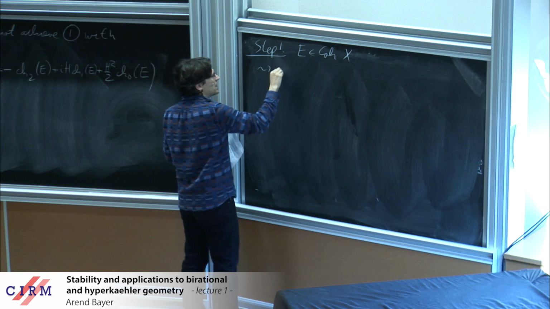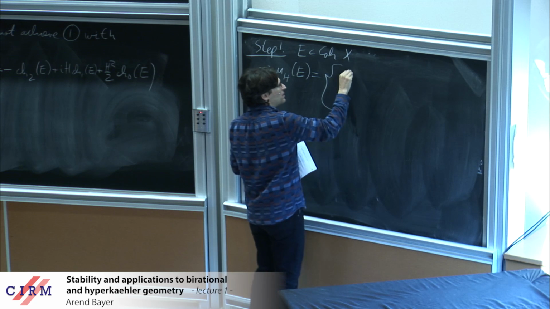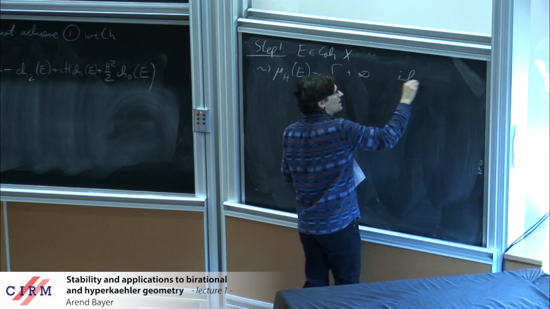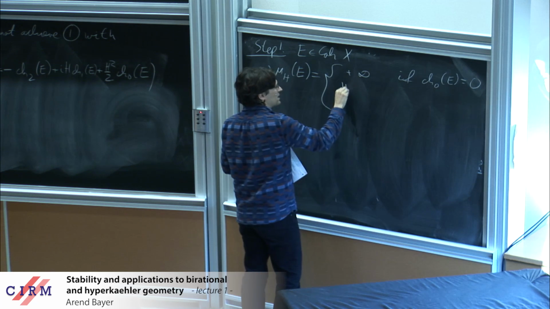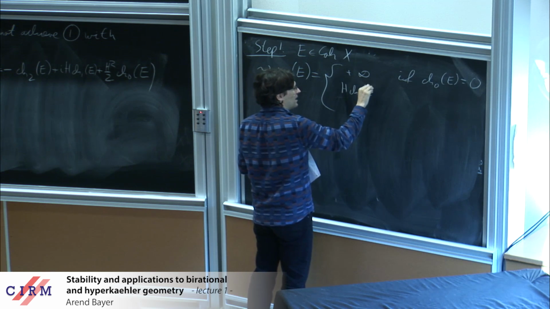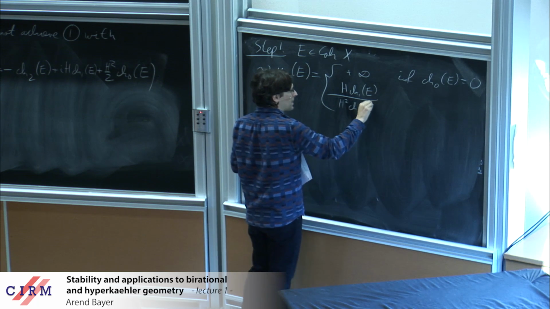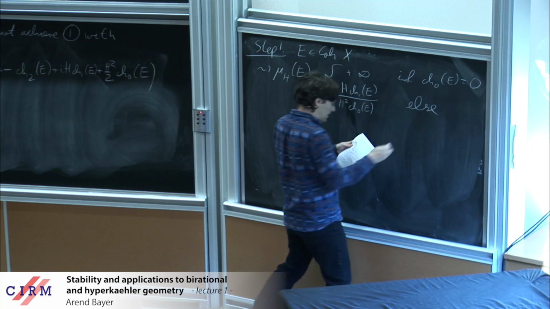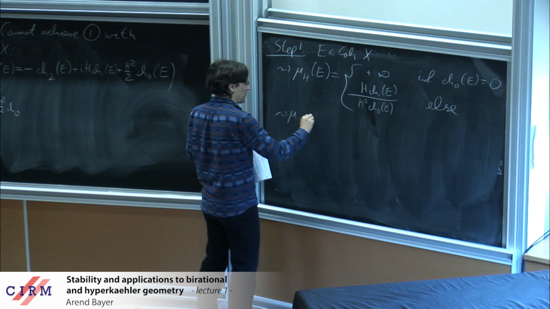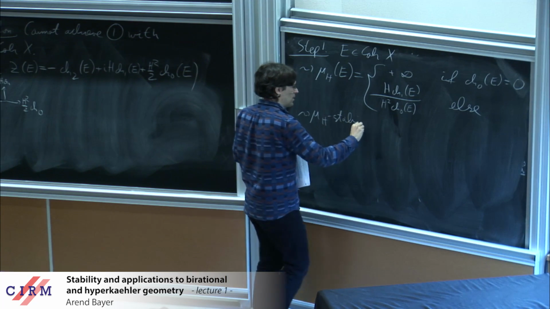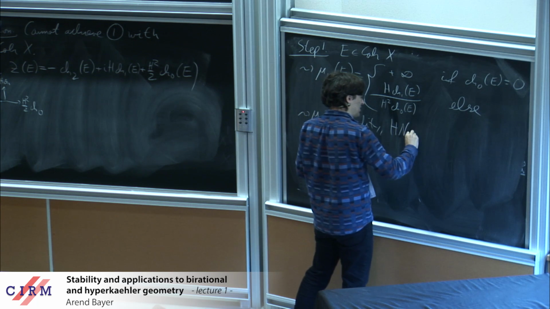Right, so then I use the usual slope. So it's plus infinity if Chern 0 of E is 0, and otherwise I let it be this quotient. And then, of course, I have the usual notion of mu_H stability, and Harder-Narasimhan filtrations exist.